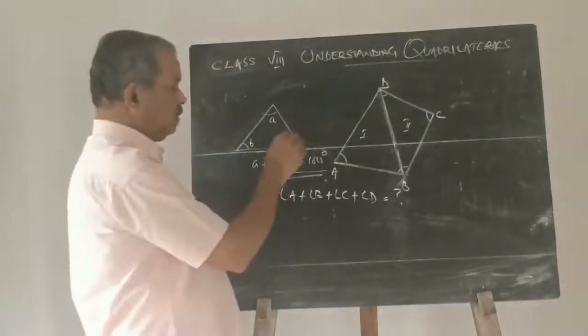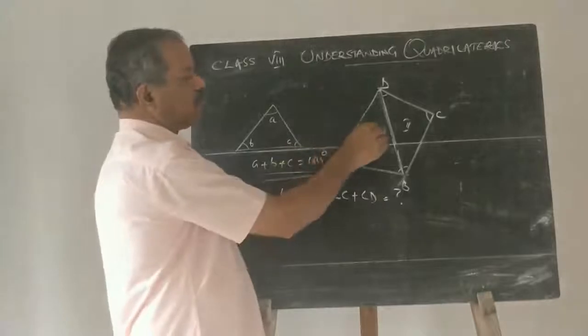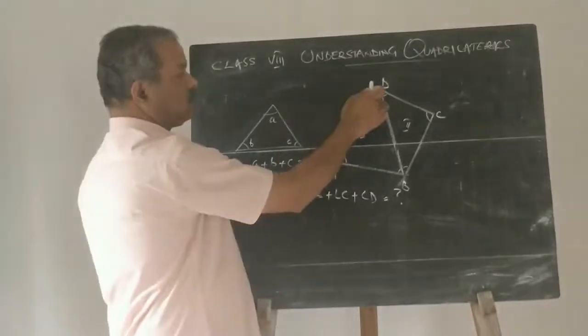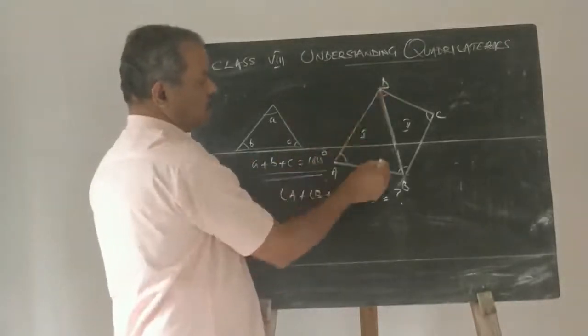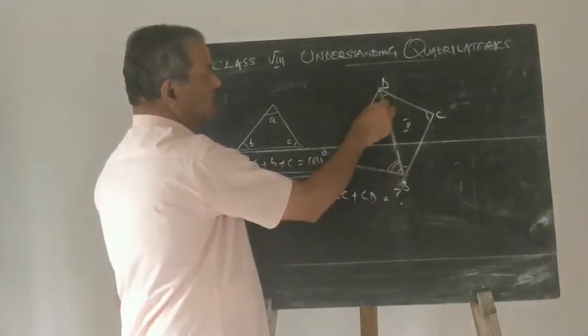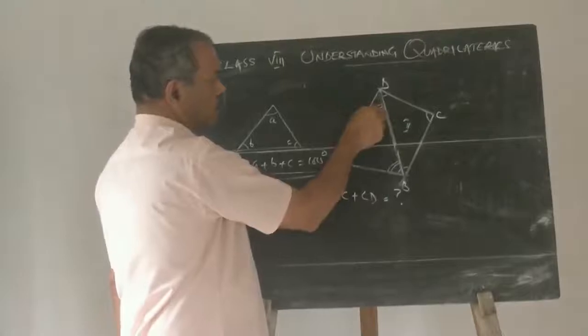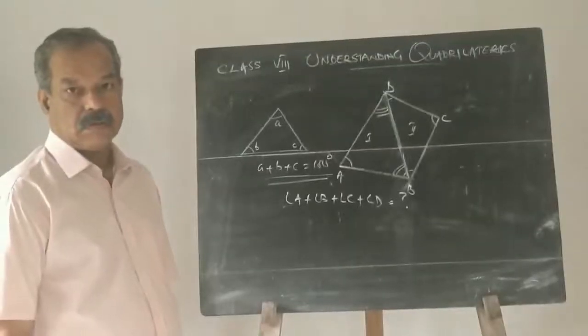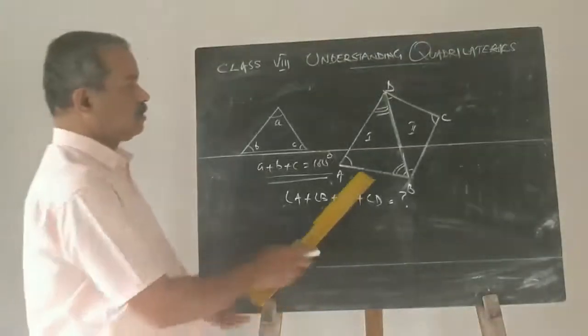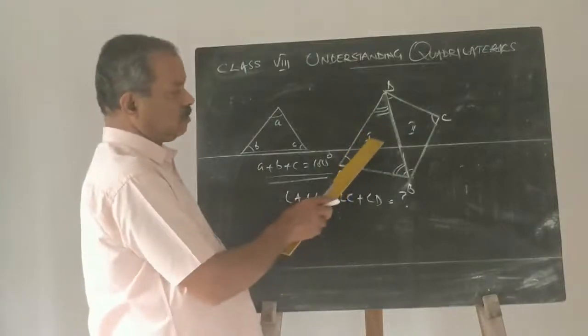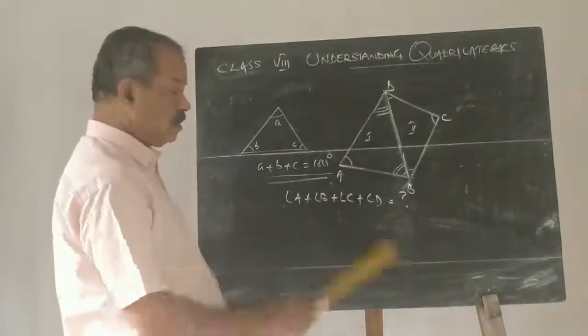Now let us apply the angle sum property of the triangle here. What is the sum of the interior angles of the first triangle?